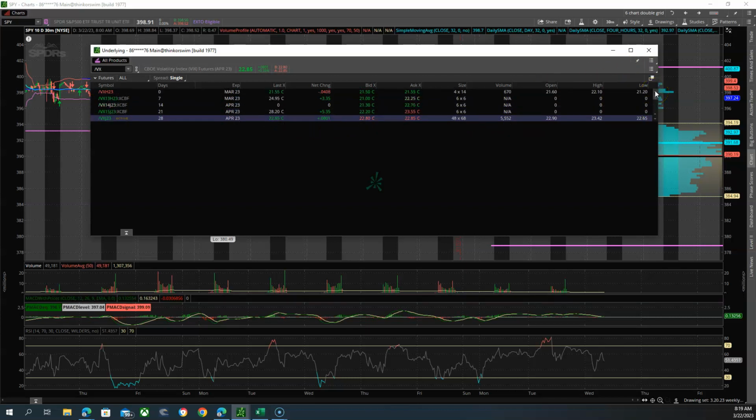Let's go back a little bit. The first one, starting with the expiration today, 21.55. As you can see, contango to the next one, 24.95. But again, trying to find the ones that have volume: 22.85. Here we go.